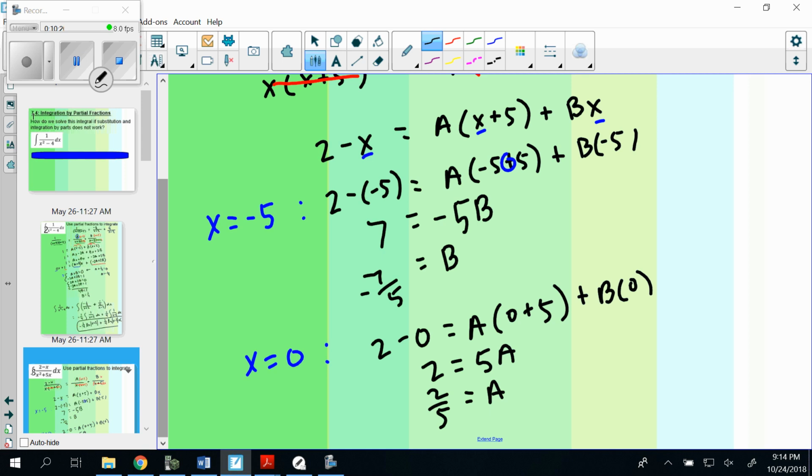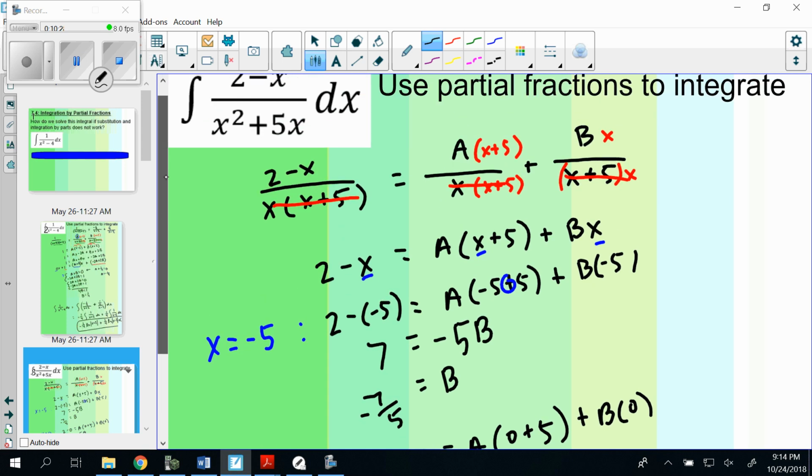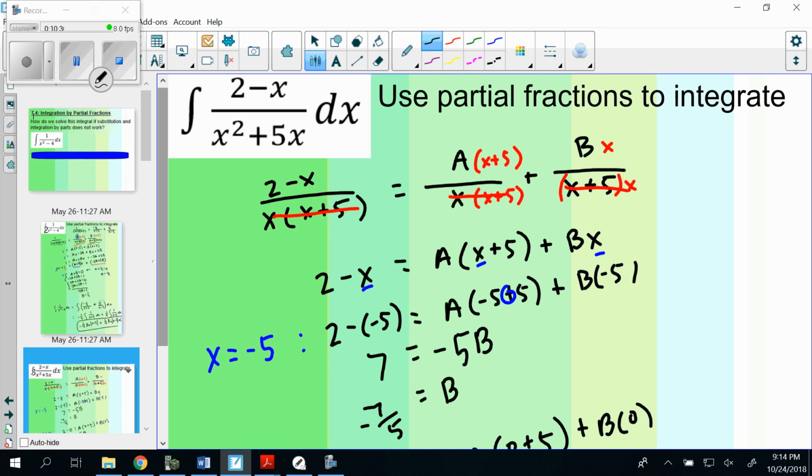So now what we're going to do, go back and solve out this integral. We're going to split it up into separate fractions now in order to do this. So this integral of 2 minus x over that, we can split up now into our partial fractions.